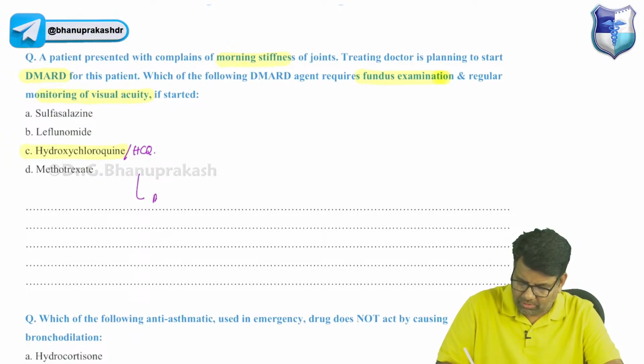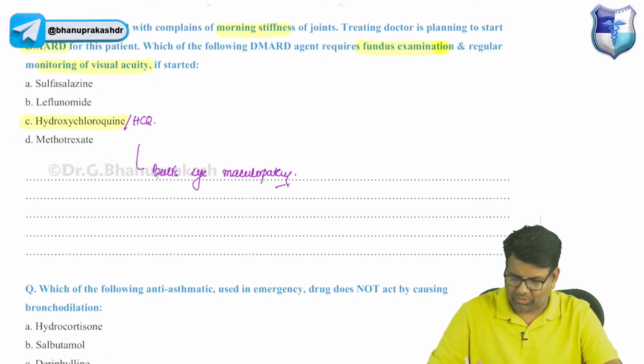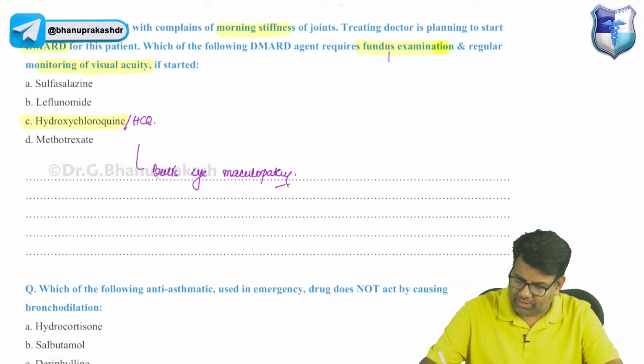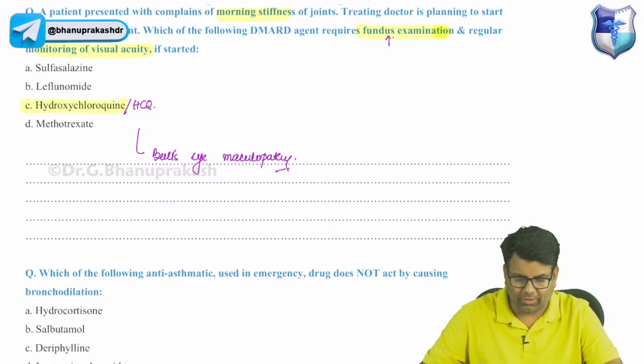It can cause bull's eye maculopathy. Yeah. So Pratusha, you are right. This is bull's eye maculopathy for hydroxychloroquine, and the possibility is even more with chloroquine as compared to hydroxychloroquine. So fundus examination and visual acuity has to be monitored while we are giving hydroxychloroquine.